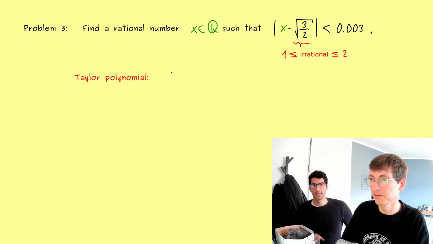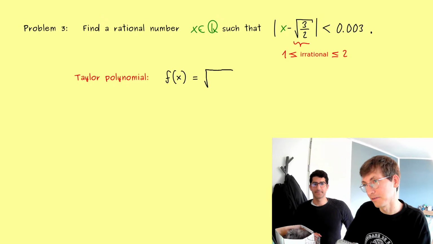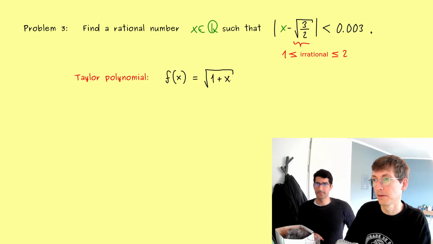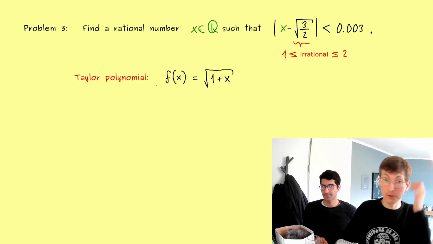So what could be the function we need here? f of x. Because we want this square root, what we need is a function that has a square root in it. That's not so surprising. And we already know the square root of 1, so we could say we can write a function as square root of 1 plus x. That would be one example, because then we would expand the function around 0.